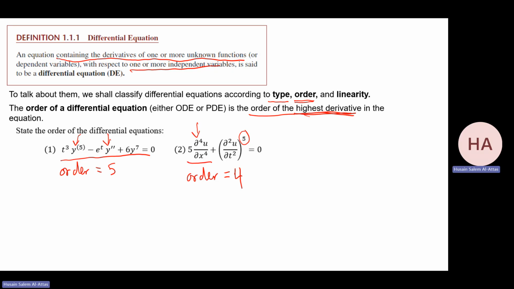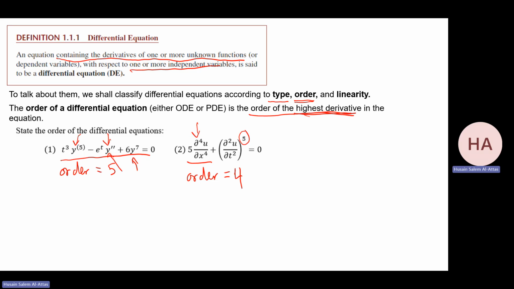Under linearity, we need everything to be linear. For example, this one is linear, the other one is not linear. So this is what we have. What's the meaning of a differential equation? It's just a regular equation, but it has a derivative of the function.